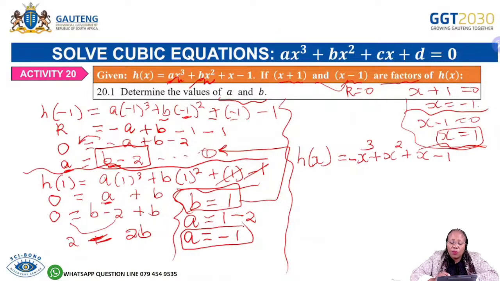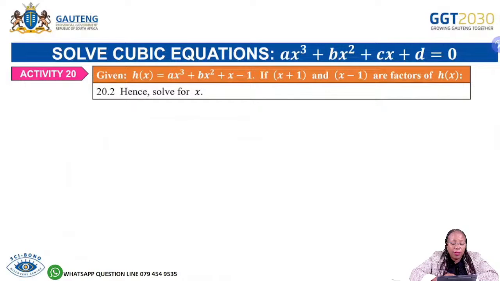Okay, with those factors, we already have 2 factors for that. And then now, hence you solve for x for that one. That will be the last activity. So if we solve for x, remember we already have 2 factors for that. We did an activity like that when we were factorizing. So we are taking our f at x now with the correct values of a and b.